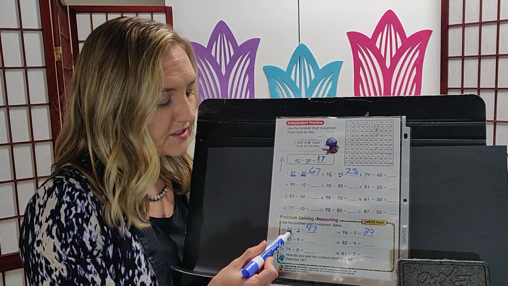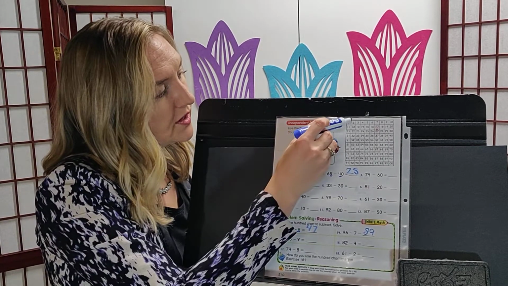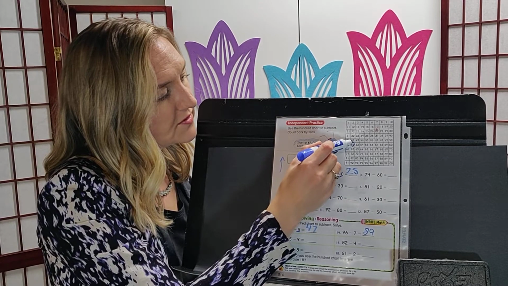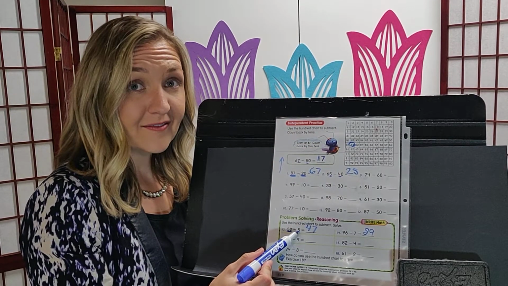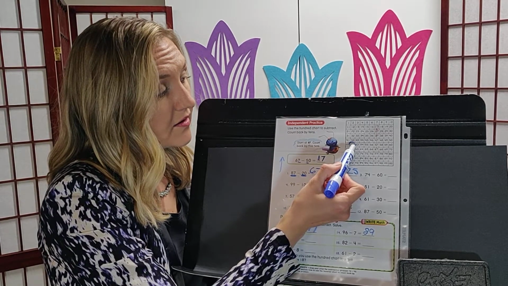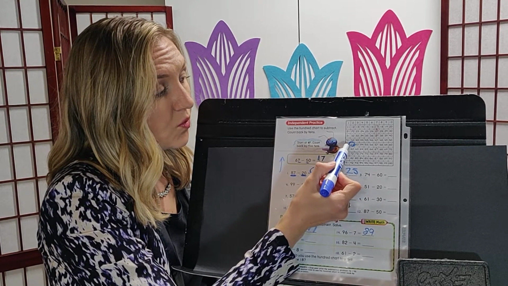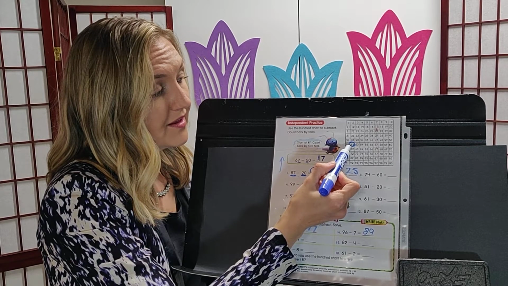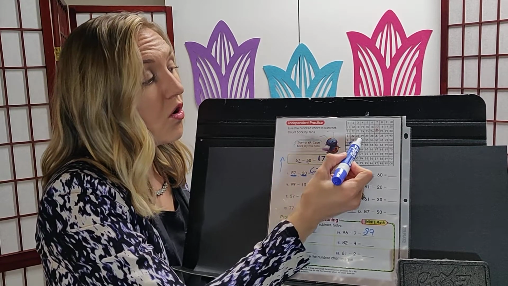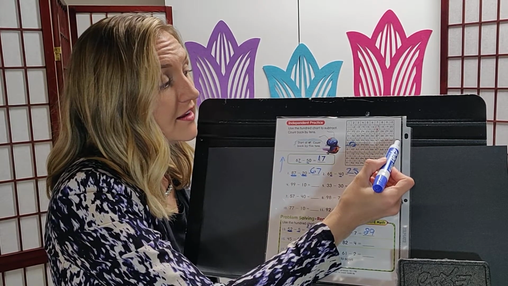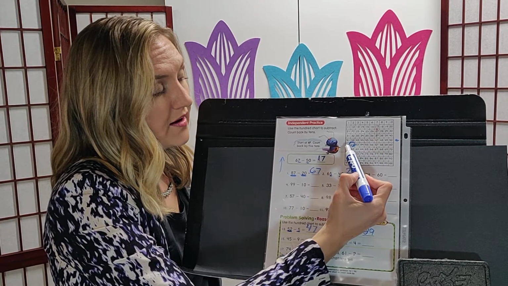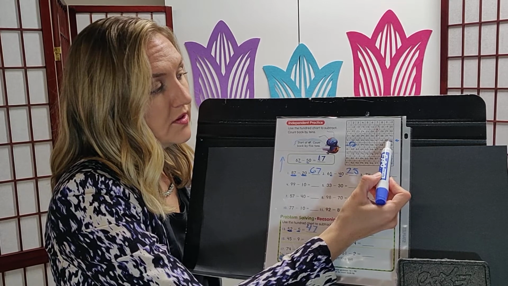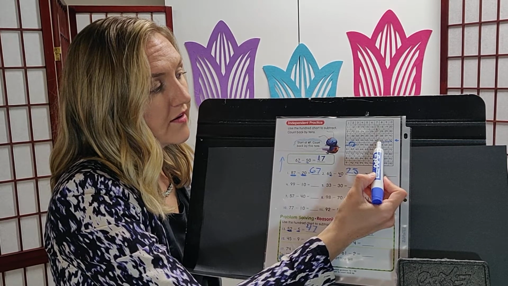So for example, 52 ends with 2. We go to the 2 column. Here's 52. And then subtracting 5, we count back, traveling to the left, 1. But then we actually have to go all the way back over here to the next row. That was 1, 2, 3, 4, 5.